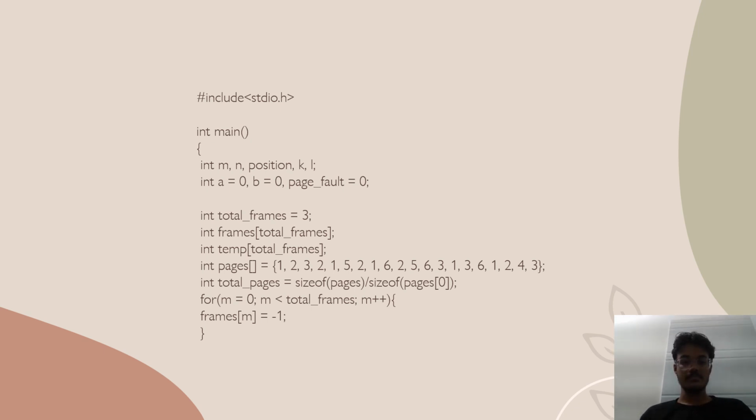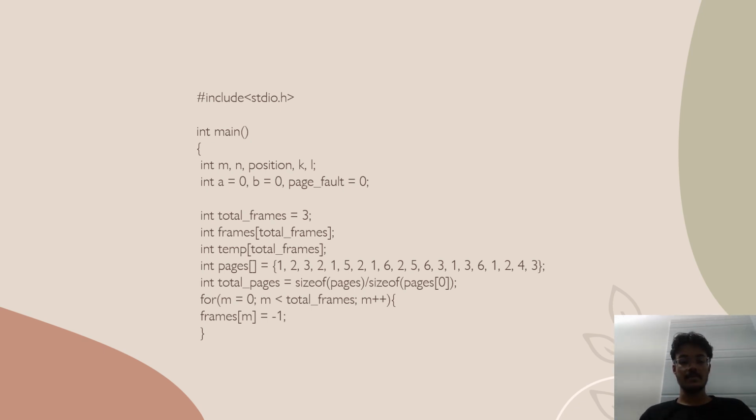Next, the total frames, then int pages, 1 2 3 1 2 3. This is the question as it is; you can write it here. Next we have the size of pages divided by the size of the page faults. This is the formula.